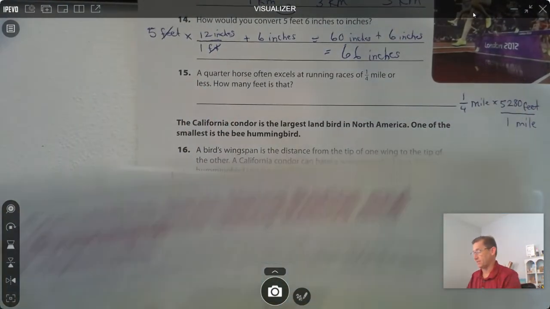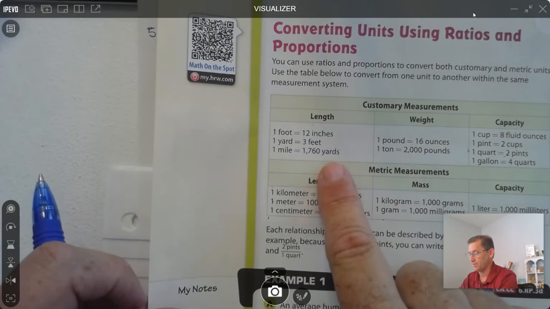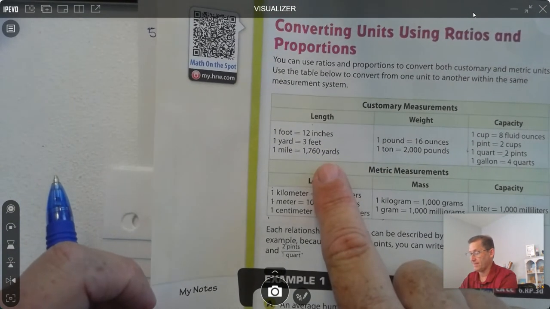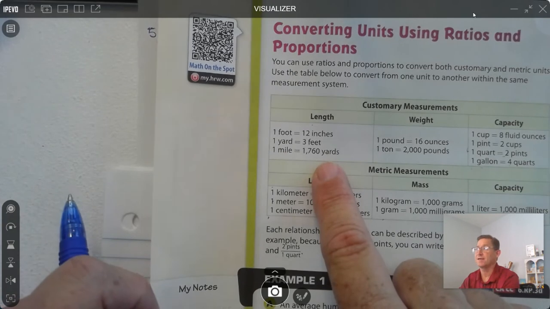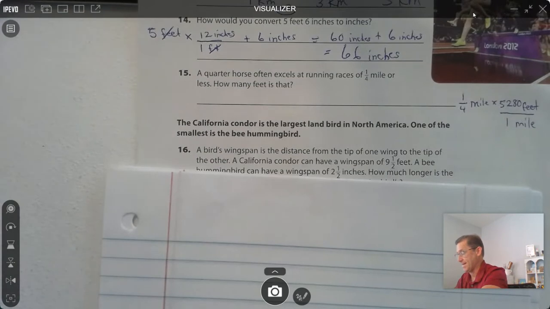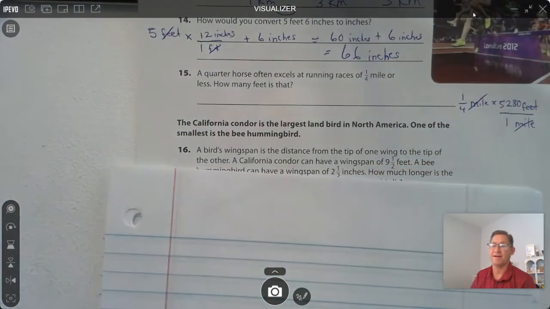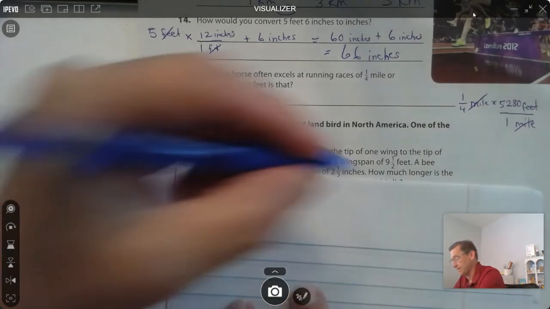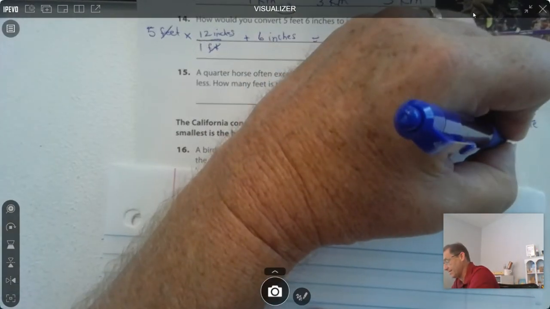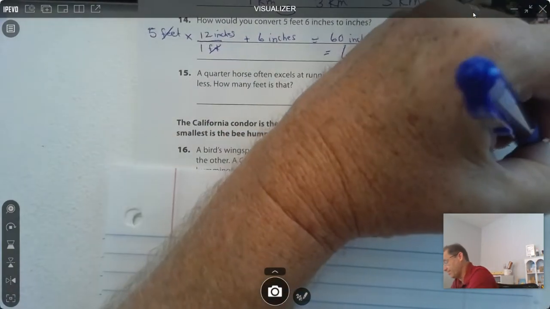If you haven't quite memorized that yet, just use the conversion chart. Okay, and 1,760 yards times 3 is 5,280. All right, so the miles can be divided out, leaving us 1/4 times 5,280. So divide by 4.